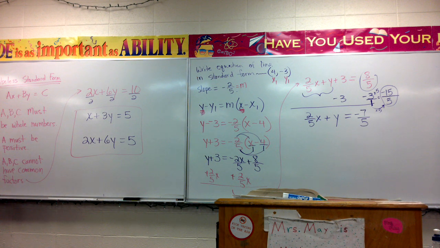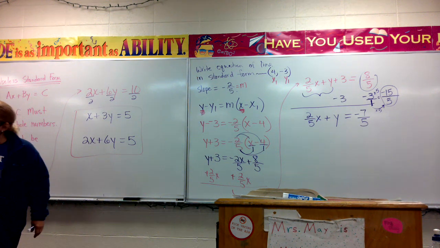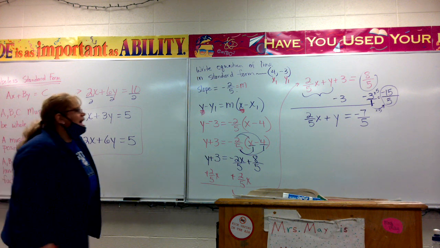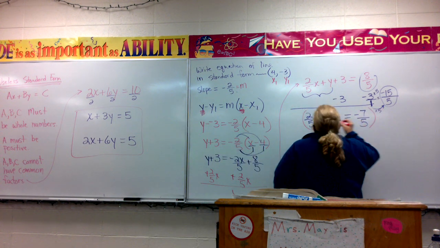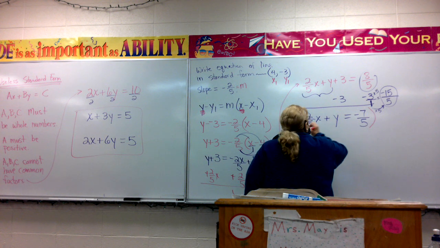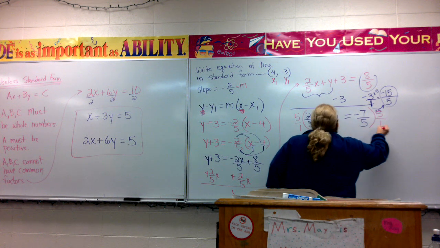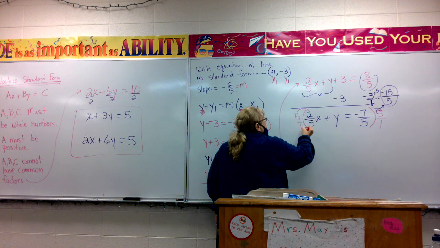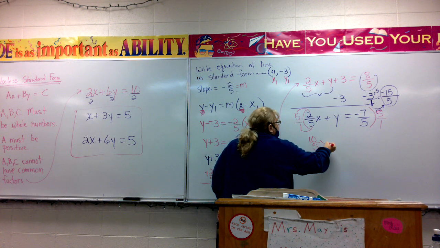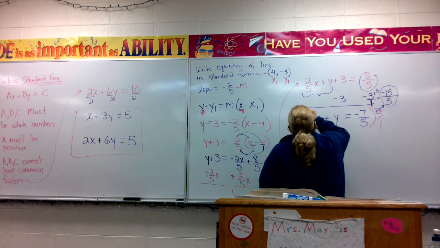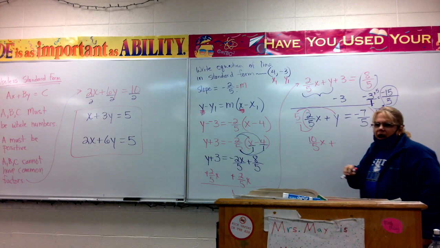But we should be able to get rid of that. Multiply everything, both sides, by 5. And when you do that, you're going to get 10 over 5 x. This one's just going to be 5y, right?